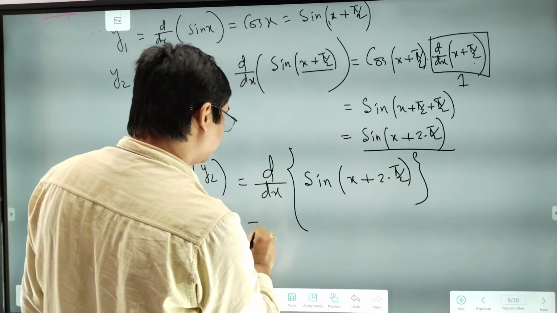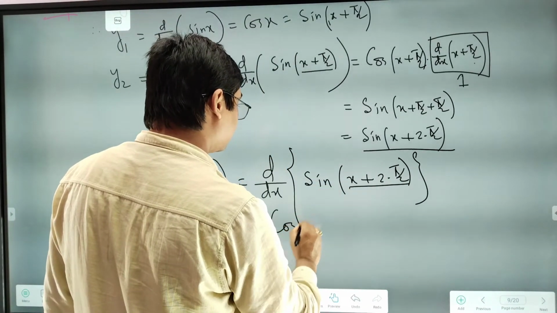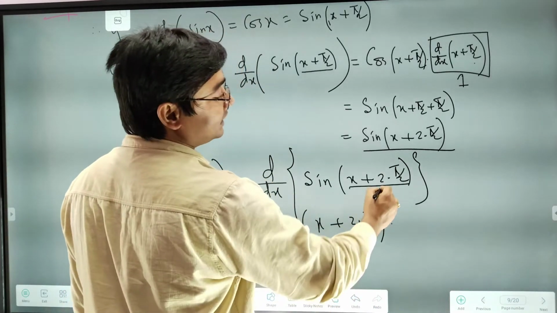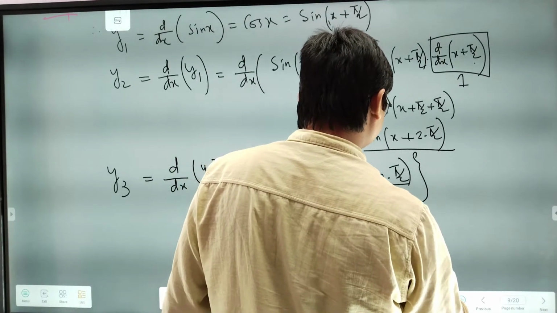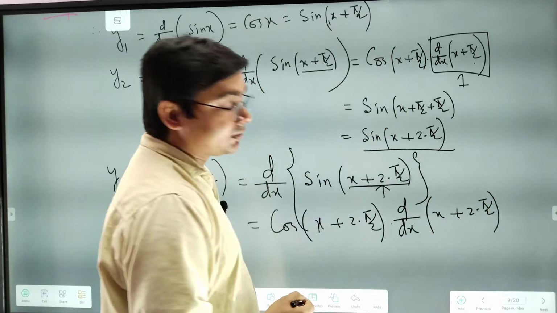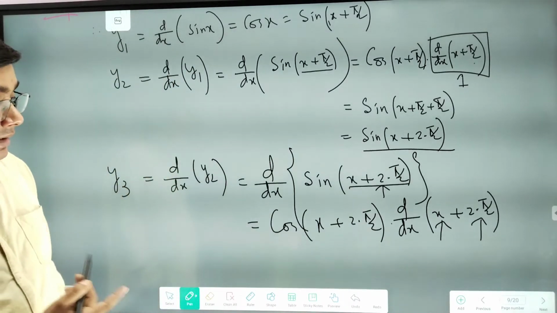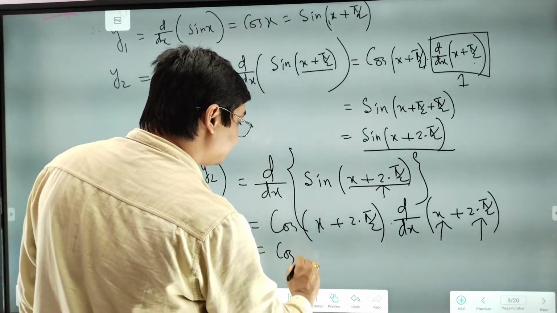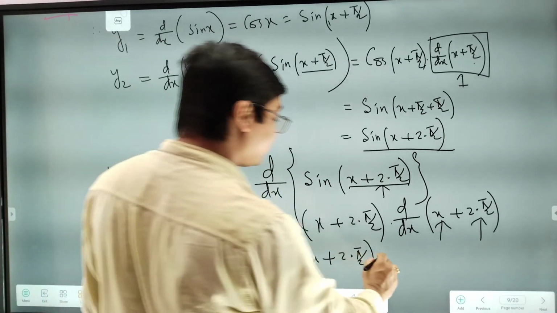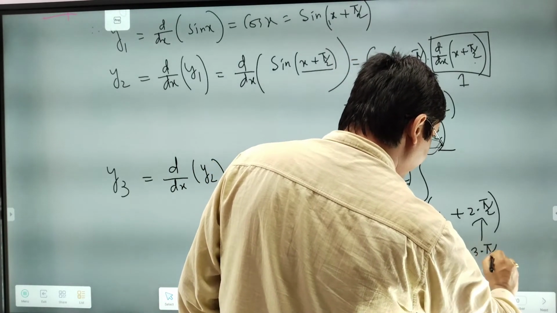Similarly, sine of x gives cos of x plus 2 pi by 2, and the derivative of the inside: derivative of x is 1, derivative of 2 pi by 2 is 0. That means this value will be 1. So finally what we get here is cos of x plus 2 pi by 2. Again इसको तुम लोग साइन में लेके जाओ. So this will be sine of x plus 3 pi by 2.